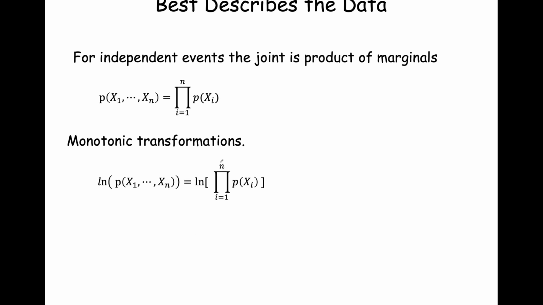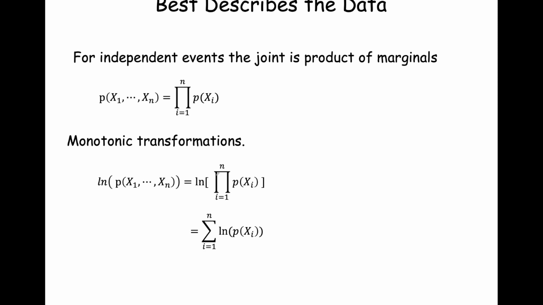So what are we going to do? We're going to take this expression, and the monotonic transformation we will apply is going to be the natural log. So we'll take the natural log of this side: ln of the left-hand side of the equality is the same as ln of the right-hand side of the equality. If we take the natural log of a product, that turns into a sum.